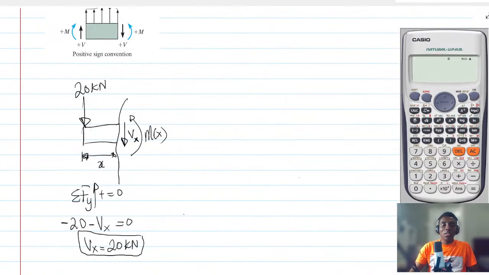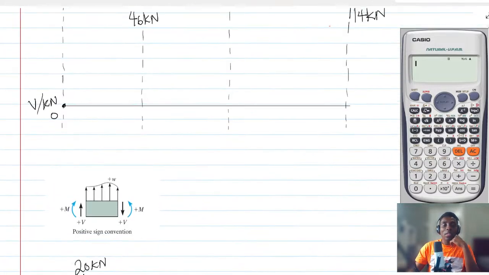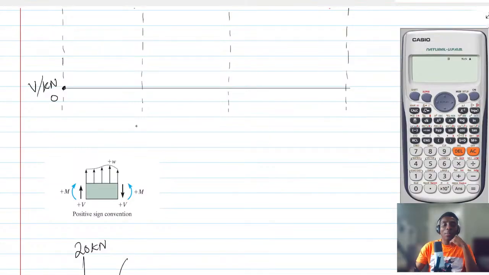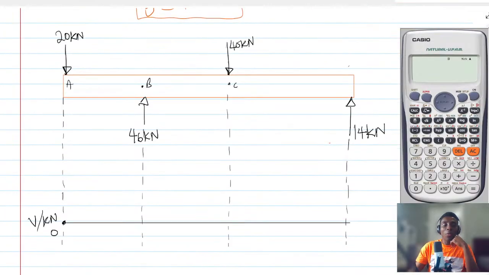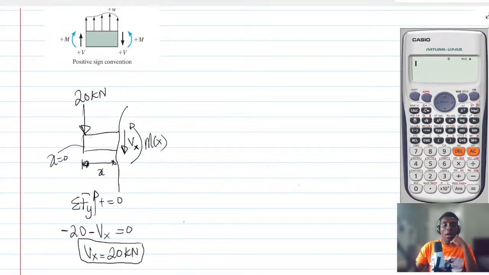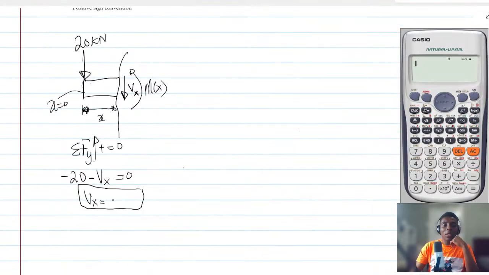It means that if we start from x equals 0 here and go along x, at any point in time, Vx is 20. No, I think Vx is minus 20, right? Because if you make Vx the subject, Vx is going to be minus 20.